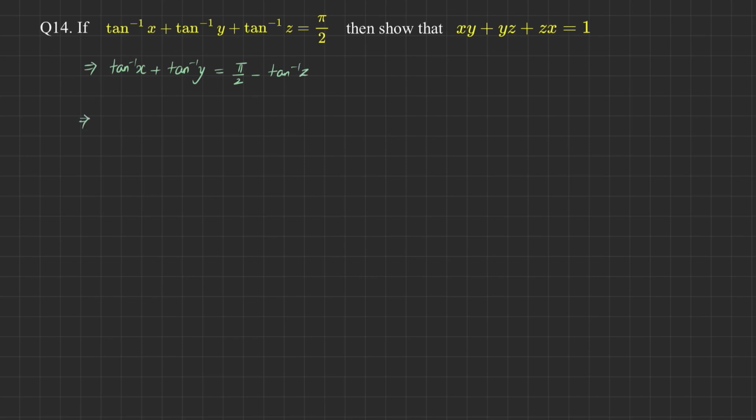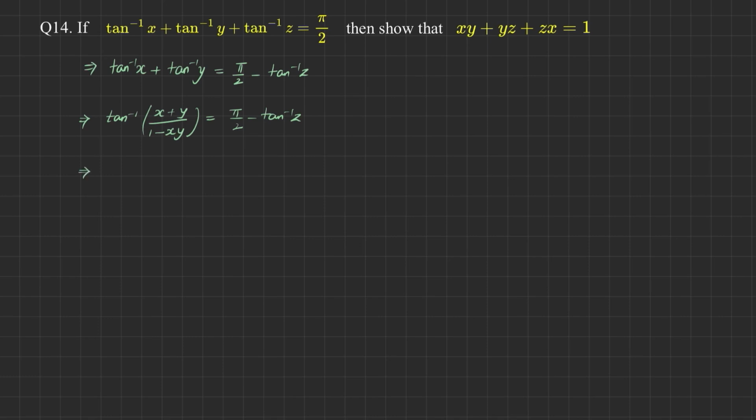So the formula for tan inverse x plus tan inverse y is tan inverse of (x plus y over 1 minus xy) equals pi by 2 minus tan inverse of z.